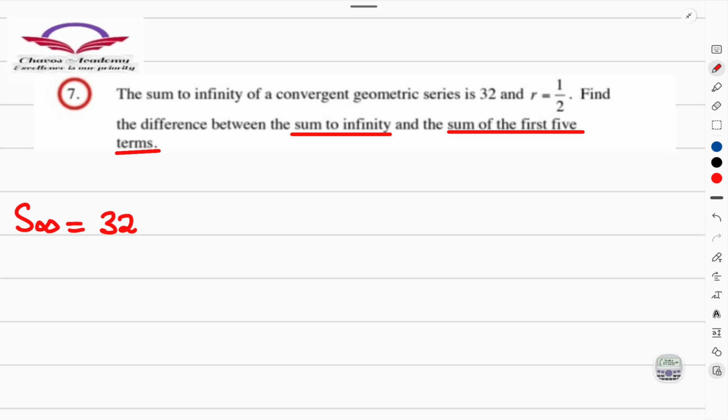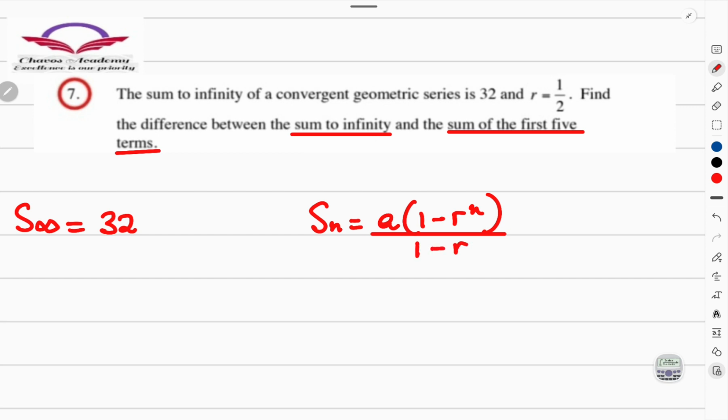So the sum of the first five terms, the summation formula, because r is less than 1, will be a into 1 minus r to the power n, all over 1 minus r.